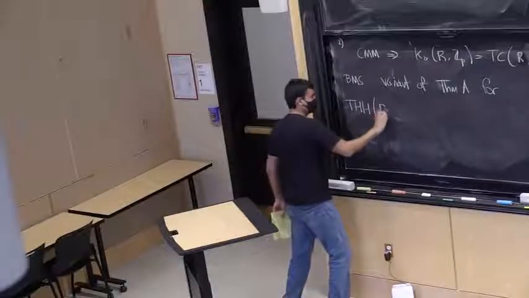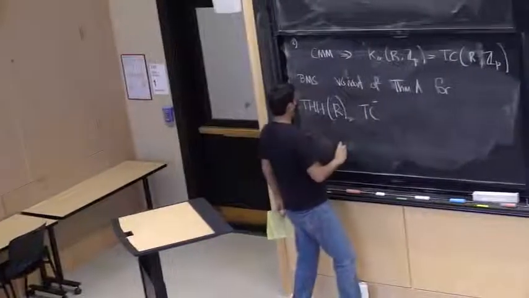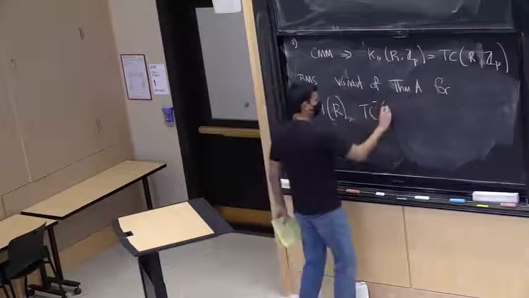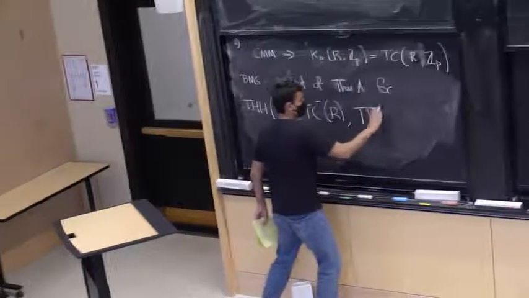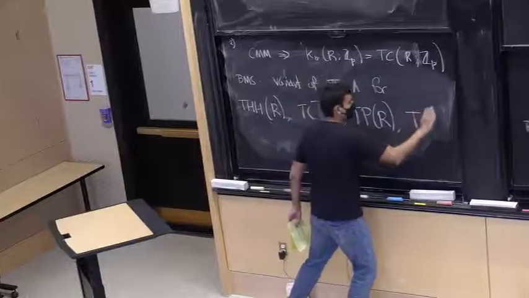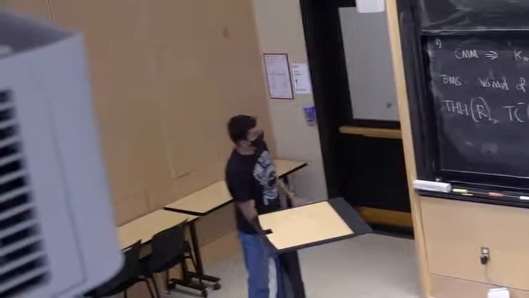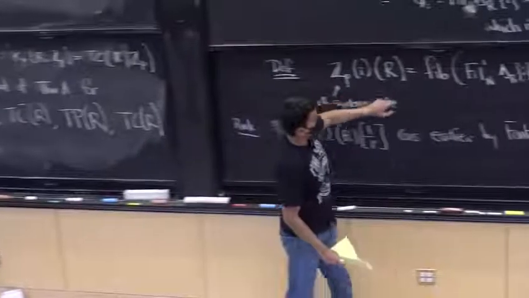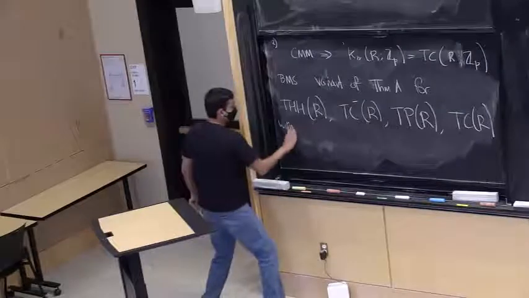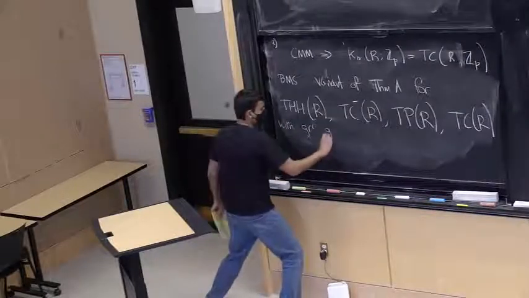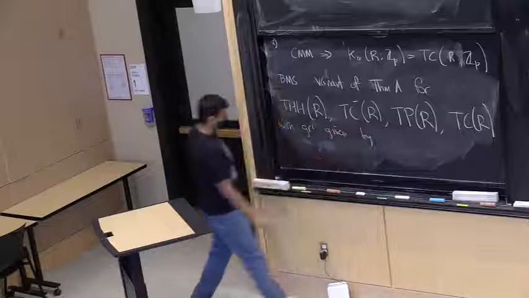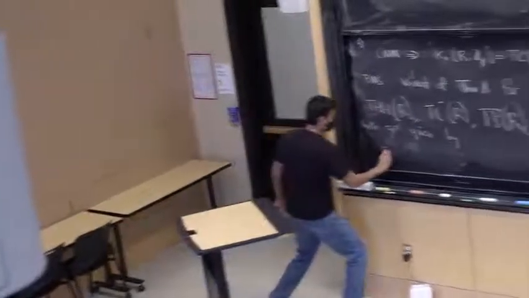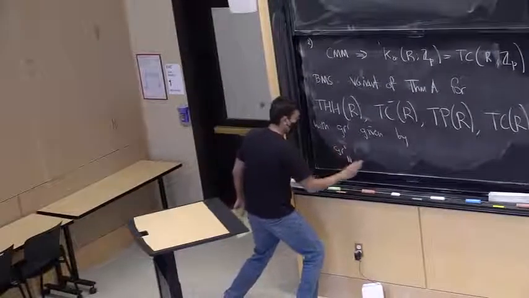So topological Hochschild homology, TC minus of R, which I don't know if that's the standard name, topological periodic homology of R, TP, and TC of R. In all cases, the associated graded is related to prismatic homology, and it's going to be related to the intermediate things that showed up in building syntomic homology from prismatic homology. So, given by, let's see, for THH you get the associated graded of the Nygaard filtration.